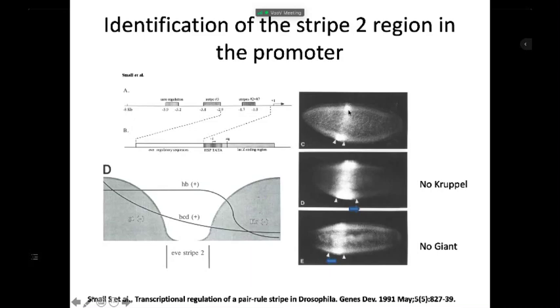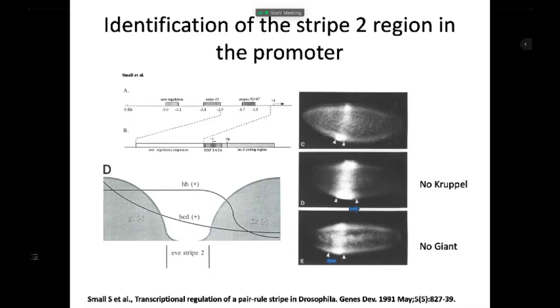So in our normal wild-type fly, we have this very discrete stripe expressed, and this is our LacZ reporter. If we have no Krüppel, we have an expanded domain posteriorly, that's increasing the size of the stripe.